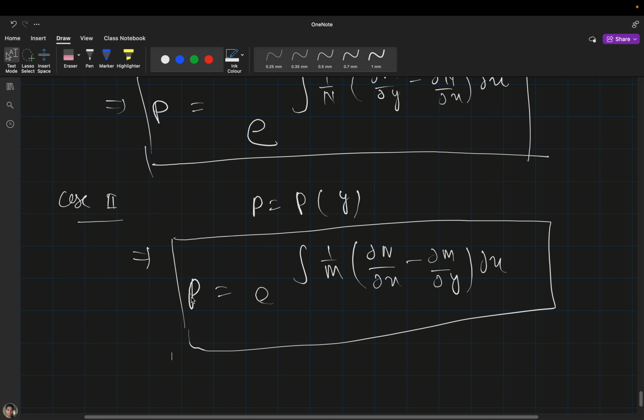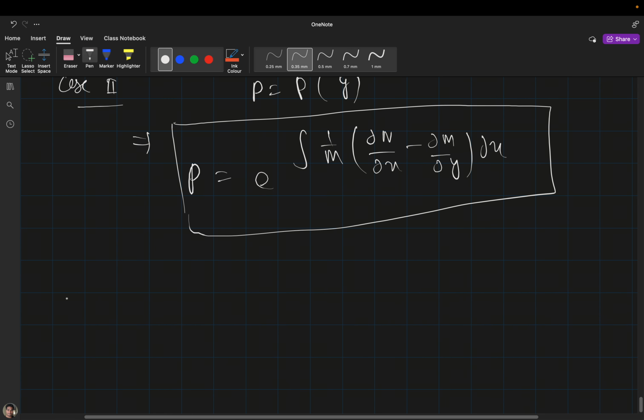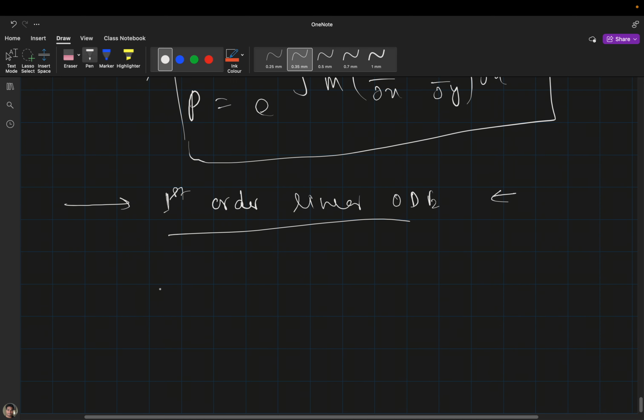So let's take one application. One application is the first order linear ODE, and this is a very famous one: dy by dx plus k y equal to q.